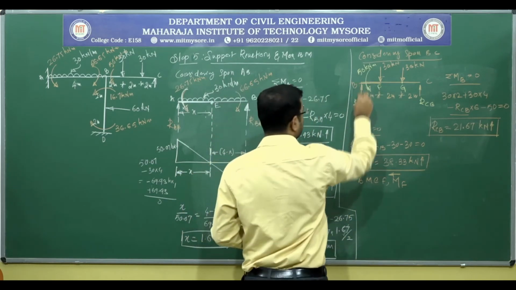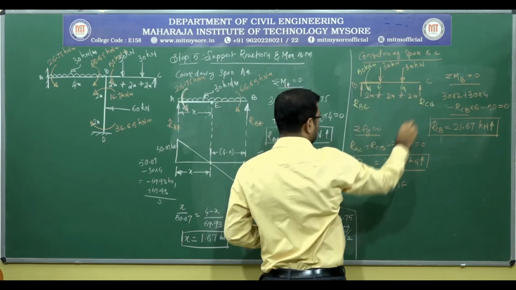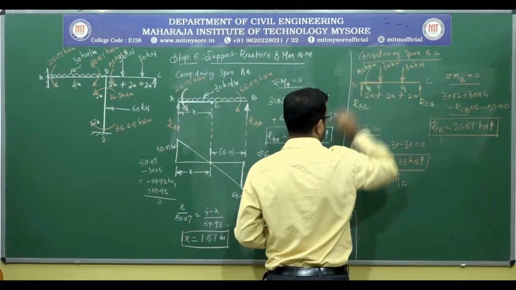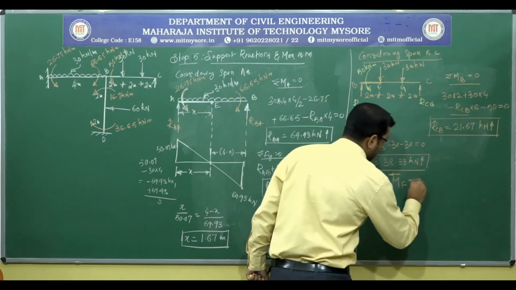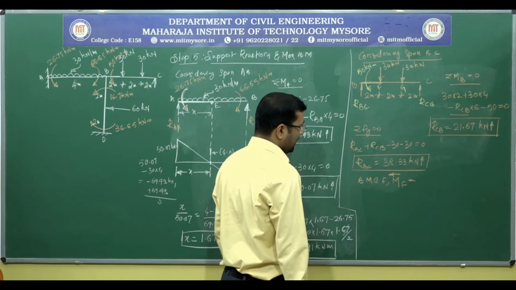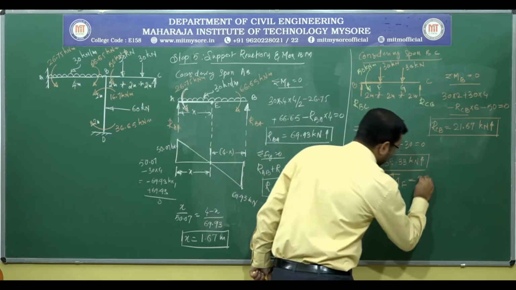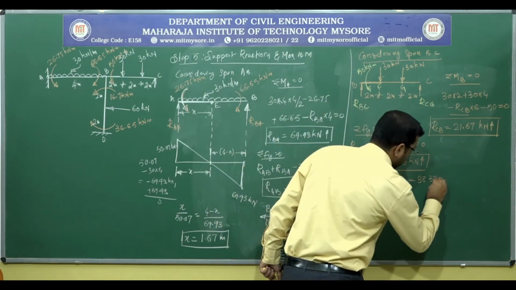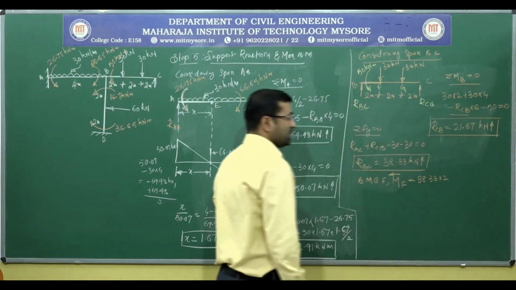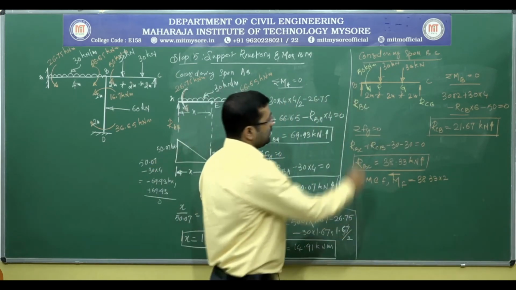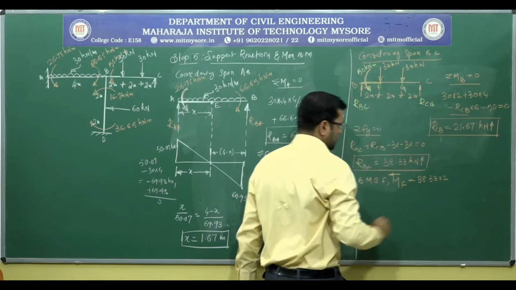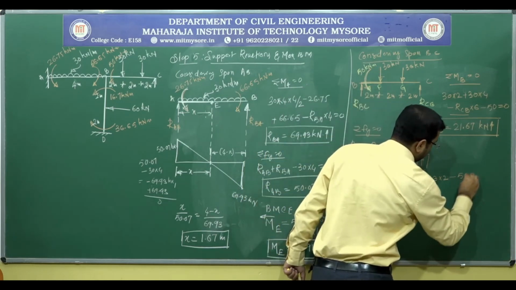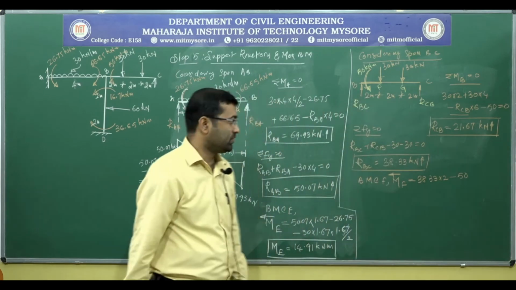On the left side we have RBC, which is creating a clockwise moment with respect to F. So left side clockwise is positive. So RBC is 38.33 and into its perpendicular distance is 2 meter, right? So on the left side we have one anticlockwise moment, that is minus 50, we need to consider into the calculation.